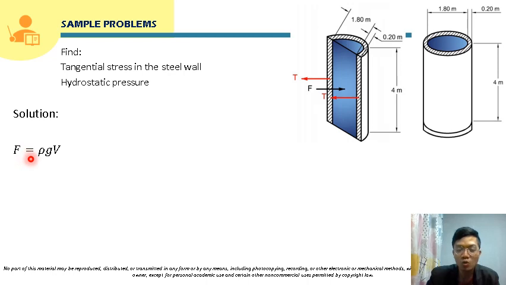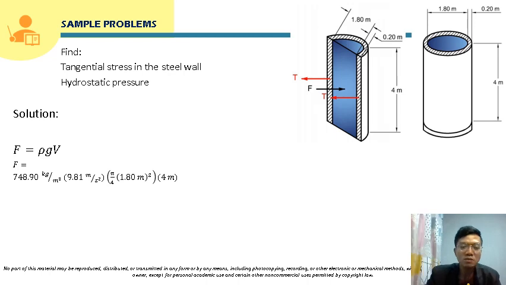The force is equal to rho g V, wherein rho is the density, g is the acceleration due to gravity, and V is the volume of the cylinder. Substituting the values, the density of the liquid is 748.90 kilograms per meter cubed, and the acceleration due to gravity is 9.81 meters per second squared, times the volume of the cylinder.